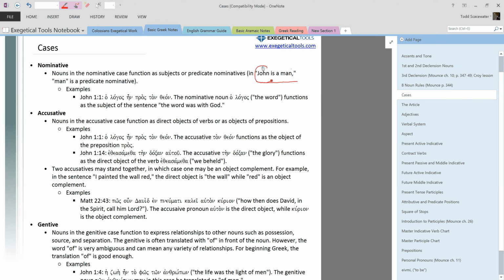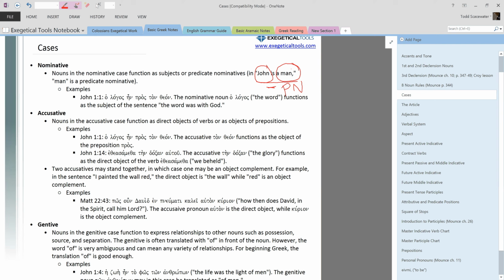John is the subject, and that would be in the nominative case in Greek. "Is" is the to-be verb, and then the predicate comes after that. The predicate here is "a man." In Greek, "a man" would show up in the nominative case, because it's a predicate nominative.